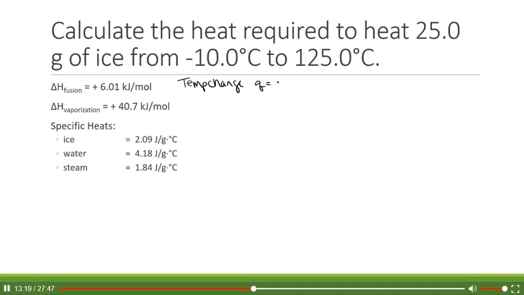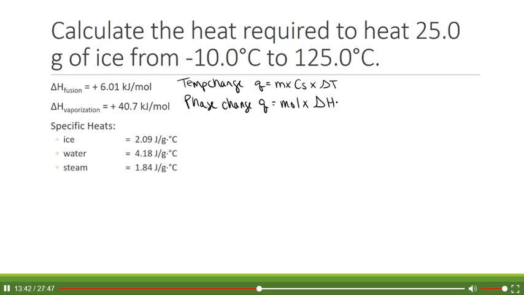The energy of that is equal to mass times our specific heat times our delta T. Remembering our specific heat is phase dependent. And then our phase change is Q is equal to moles times our enthalpy change.